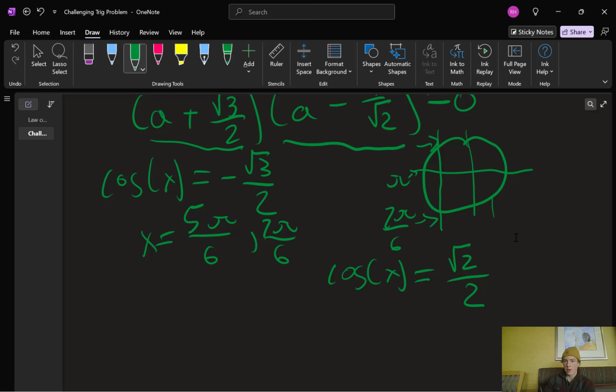That happens right along that column, and if you remember, that is pi over 4. So x would be equal to pi over 4 right here, and then if we go around the circle, it should be close to 2 pi, so it should be the 7 pi over 4 one. Those are our answers.